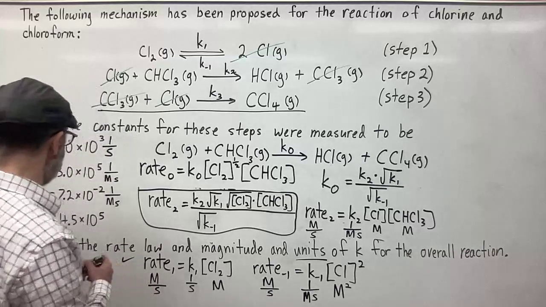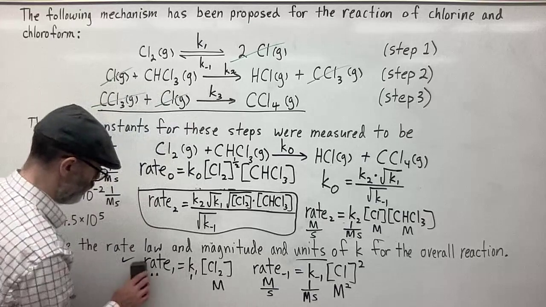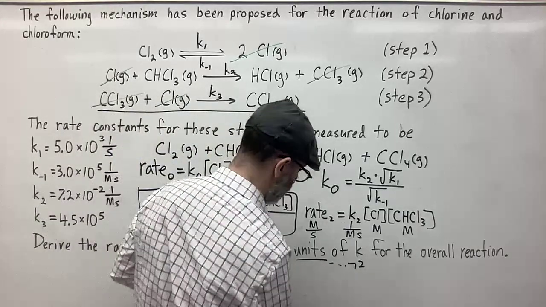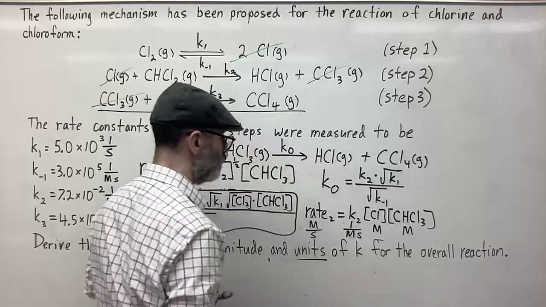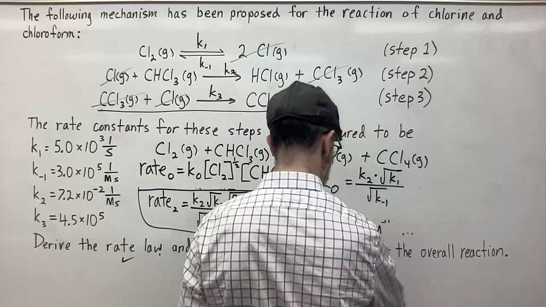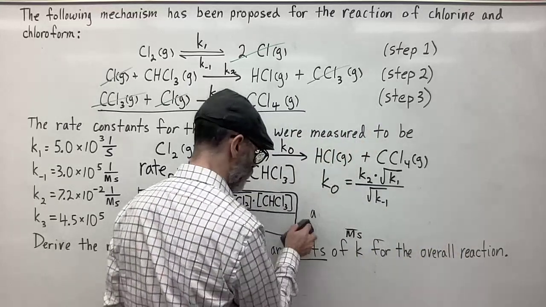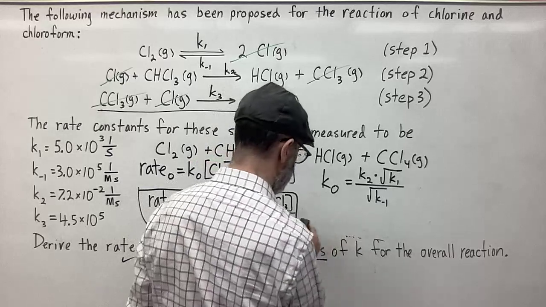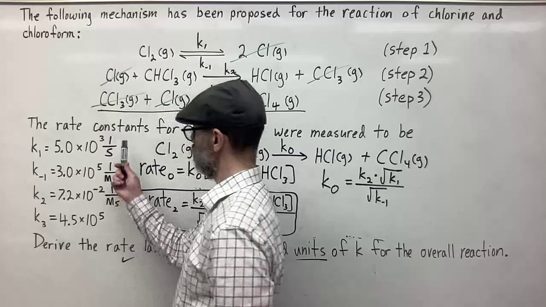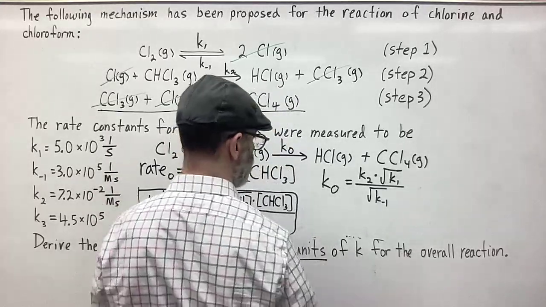Okay, so now that we have these, we can go ahead and erase this. Let's give ourselves some room so we can do our calculation. That served its purpose. Now all we need to do is plug these values into our expression here.